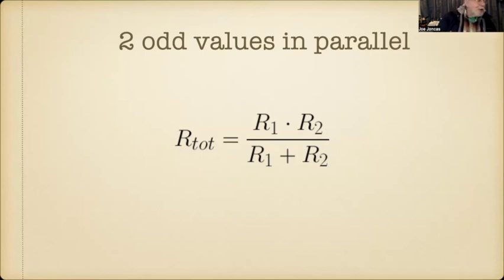So if we had a 100 ohm and a 50 ohm, that would be R1 times R2, which would be 5,000 divided by 150, which would give you what?